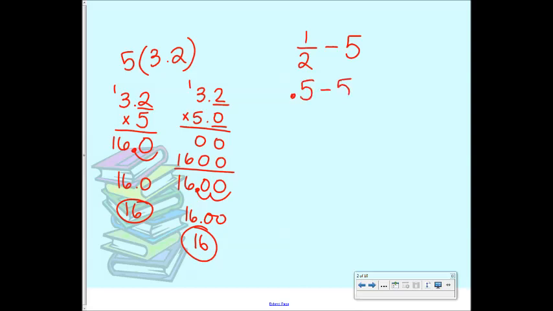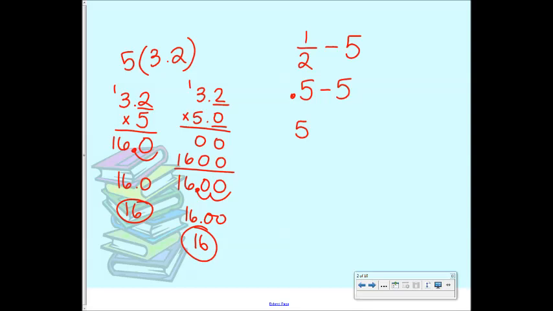Okay, how do I set that up? Jesse? Okay, the 5 is going to go on top because 5 is the bigger number. So I'm going to put 5 on top, and I'm going to put 0.5 on the bottom. But where does the 5 go? To the right.